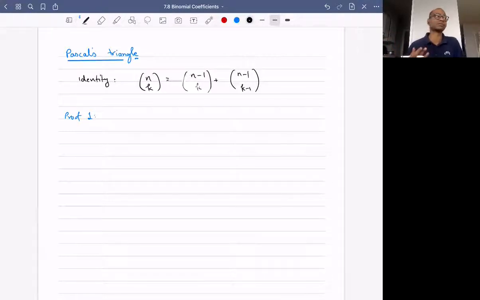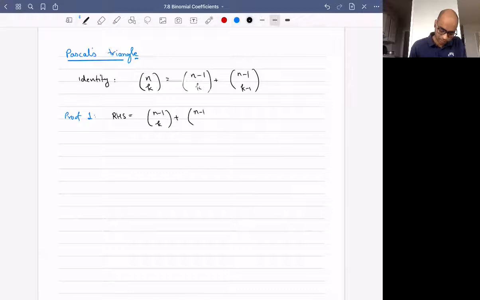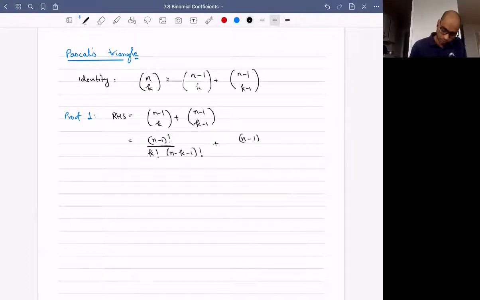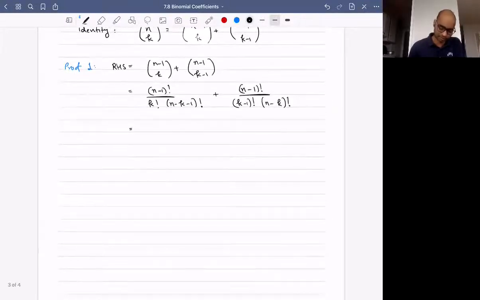Let me just do this so that you can see how you manipulate factorials in equations. So let's say I'll start with the right-hand side. That is n minus 1 choose k plus n minus 1 choose k minus 1. Okay, now I'll take things common.